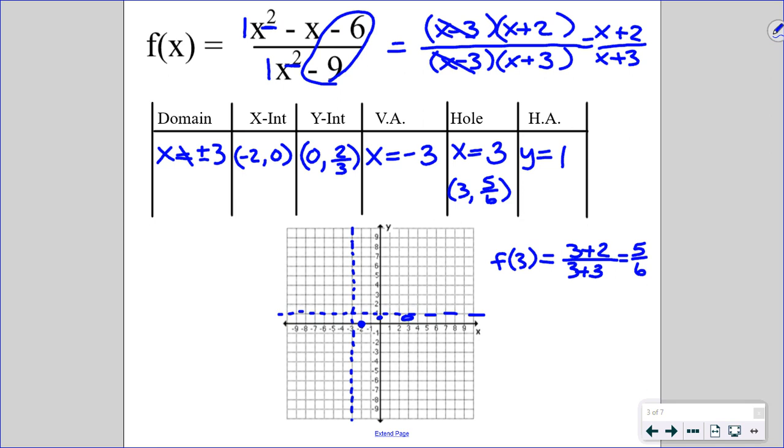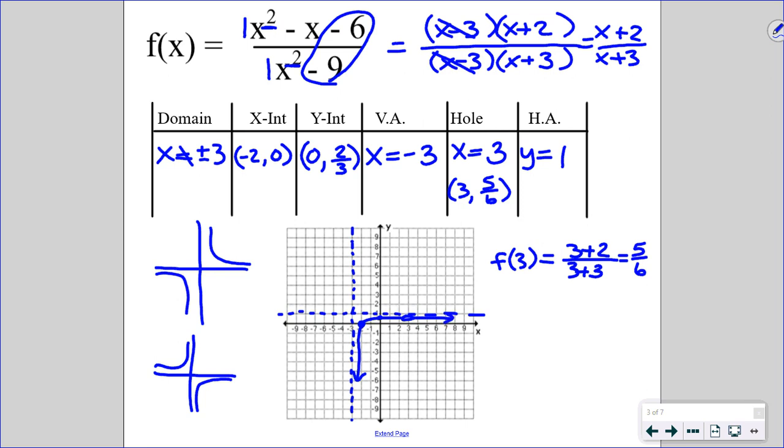Now, to sketch the graph of the function, first of all, you guys, don't forget about what your parent function is. Remember, sometimes it looks like this, sometimes it looks like this. So knowing that, I can tell that the graph, because it's going to go through the intercepts and approach the asymptotes, I can easily sketch this part of the graph.